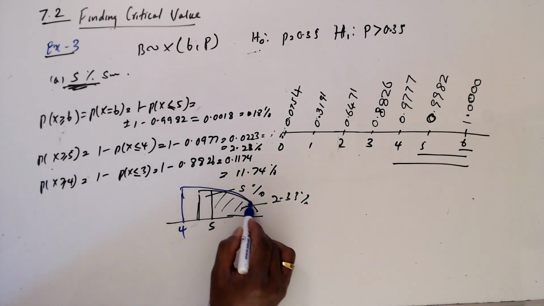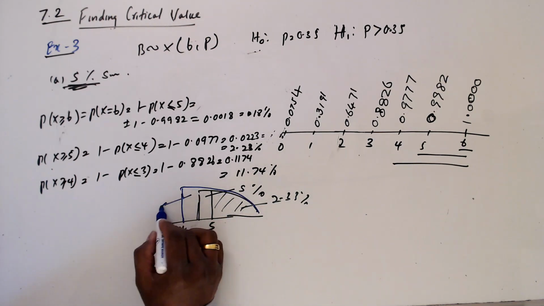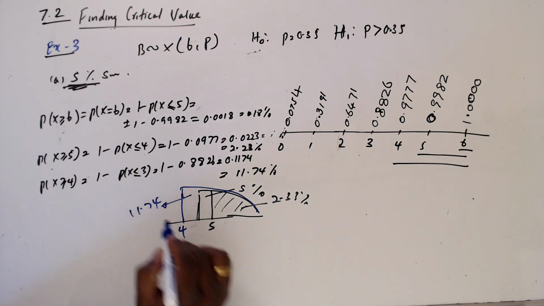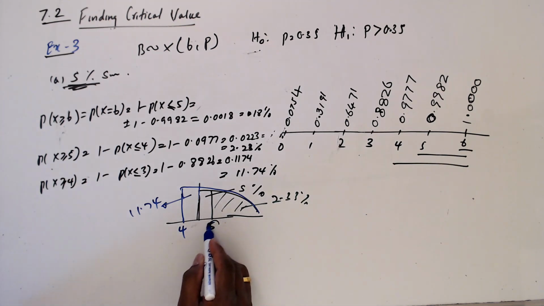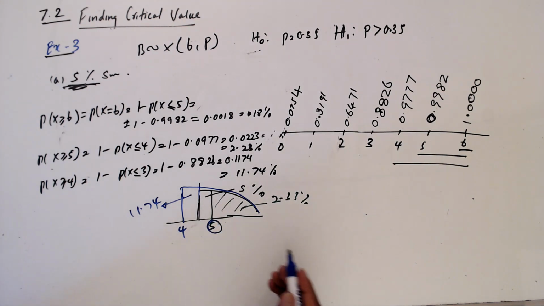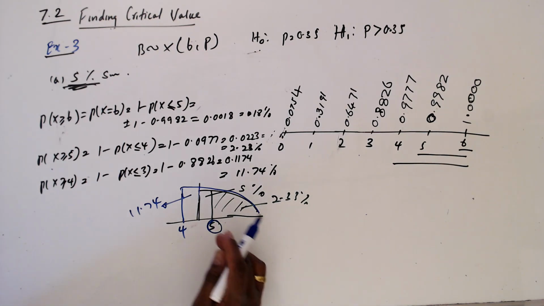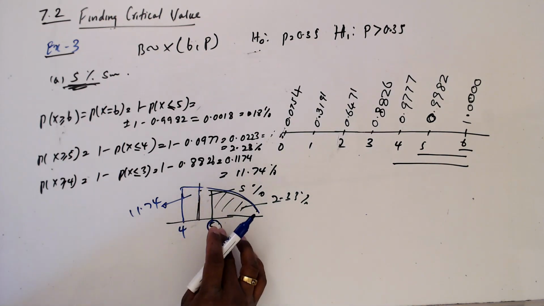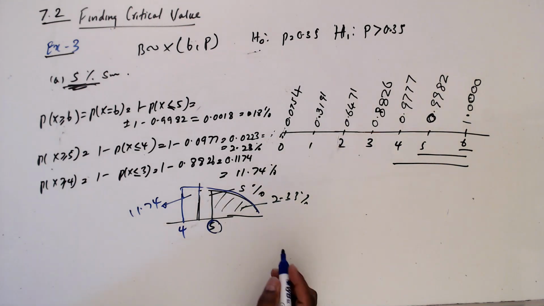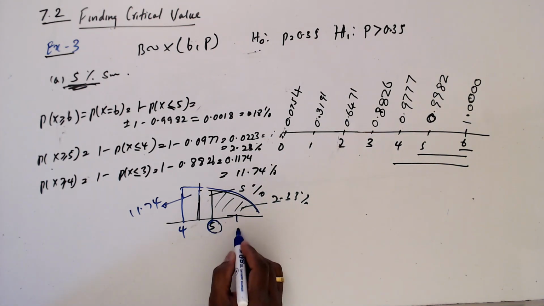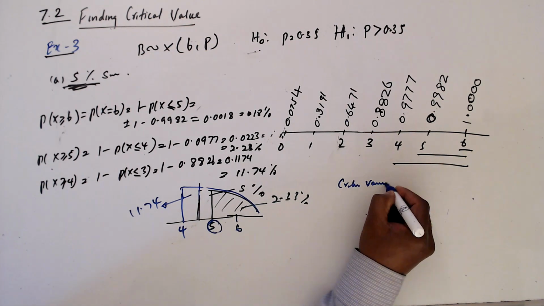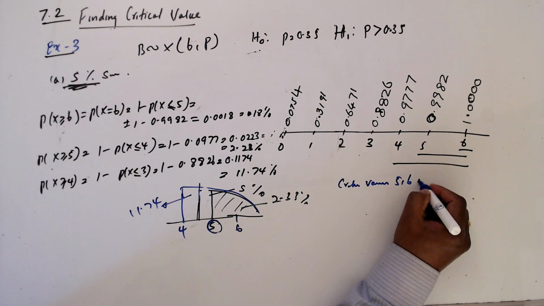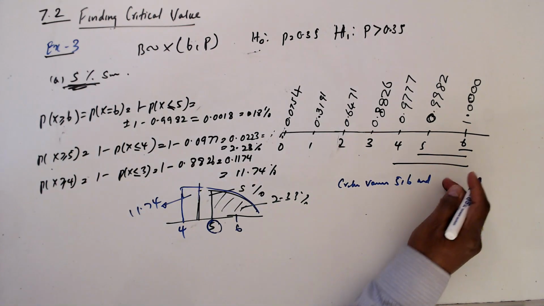That is going to be 11.74. We can't take 4 now. So then, as we discussed, the critical value is the first value to get into the region. So then we have to withdraw back to here. So the critical values are going to be 5 and 6.